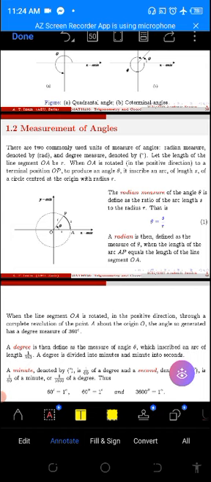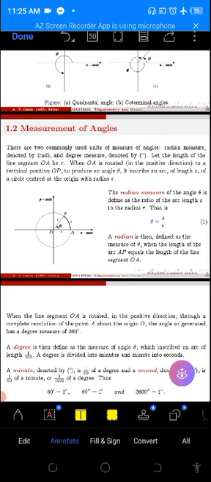Radian measure and degree measure are different, and you can convert from one to the other. In degrees, you are measuring out of 360, a complete revolution.